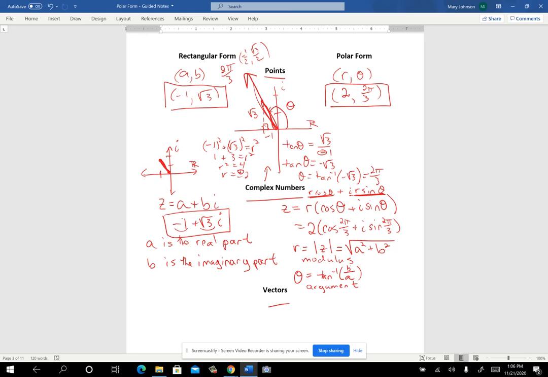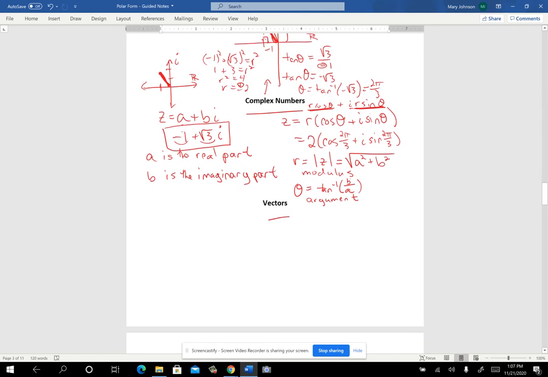Theta is actually the input to the function, or what you might call the argument. So you might see that language. And we're going to use this in a little bit. I just want you to see an example and have one page that shows the relationship between those things.